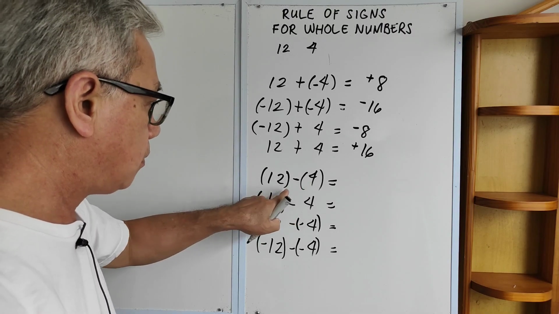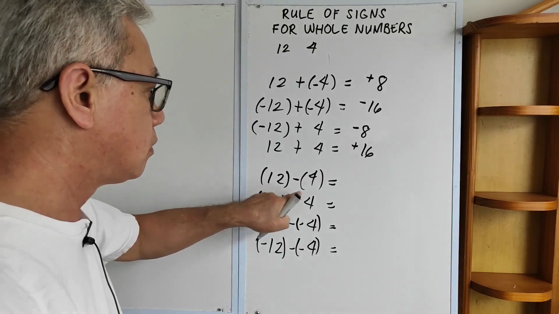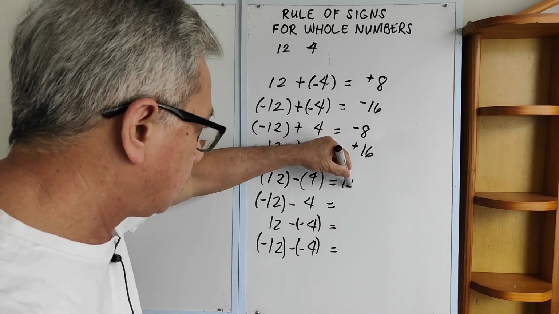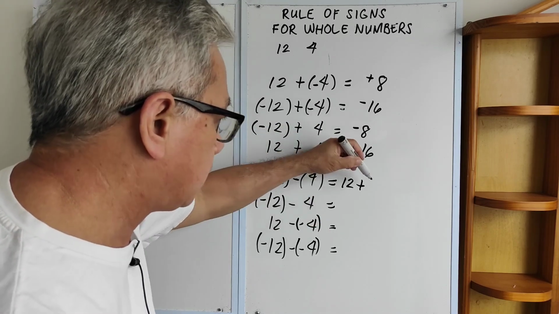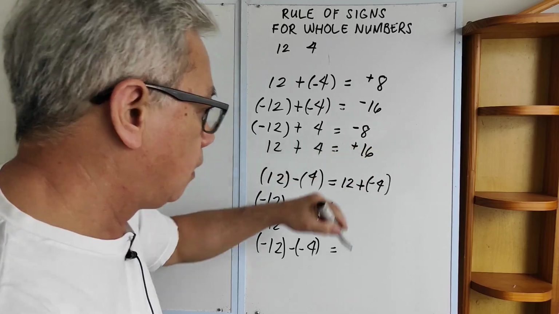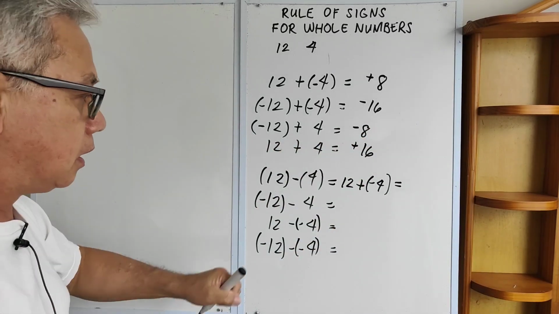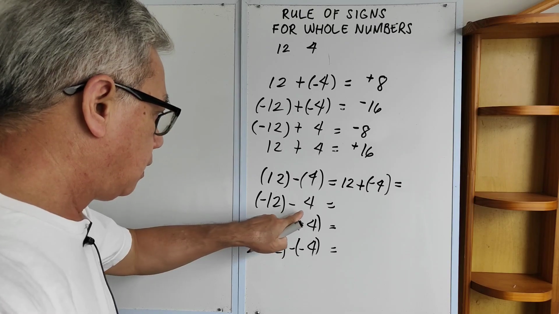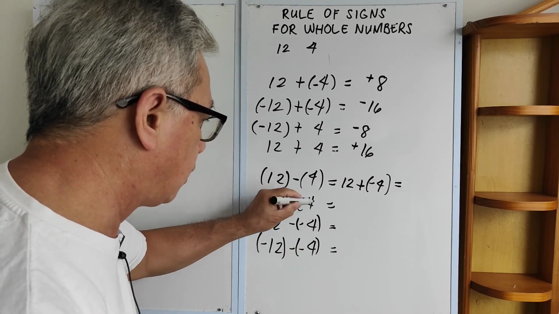So we have to change this into addition and then change the sign of the subtrahend. This one will become 12 plus, this positive 4 becomes negative 4. So we'll just change first before we proceed. In here, this is minus 4, this is positive 4.